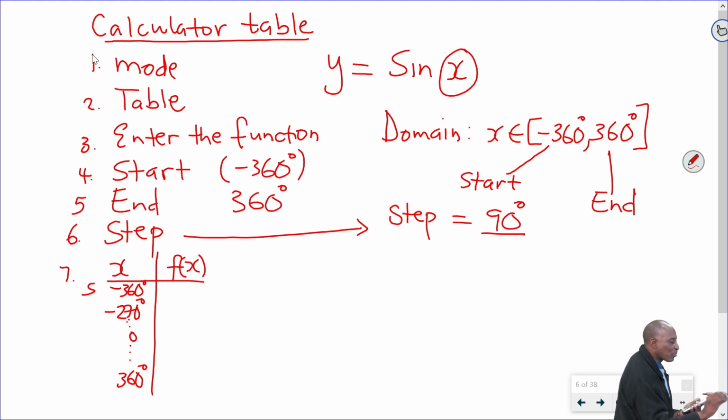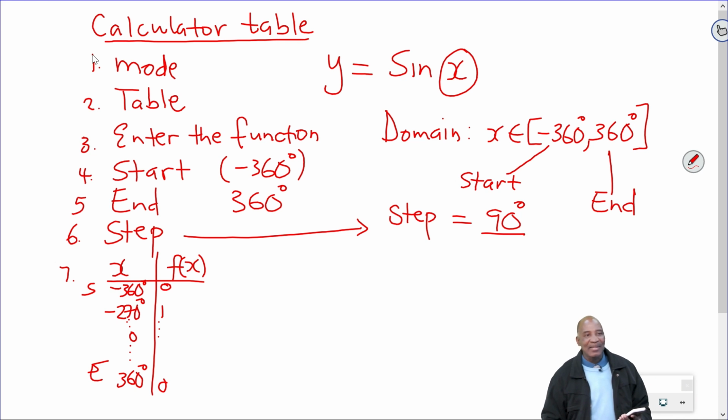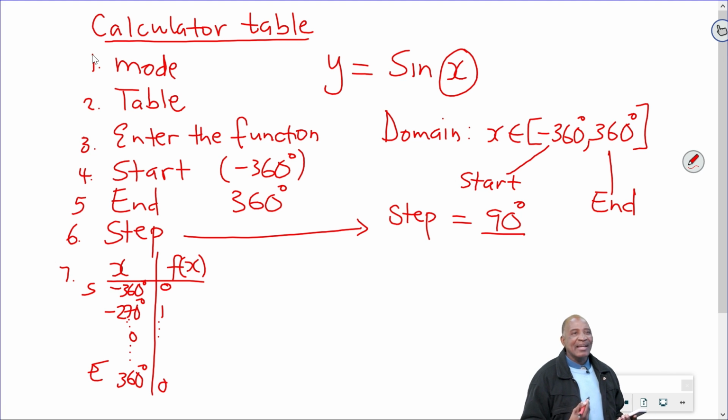This is your start point, this is your end point on the table. The corresponding values on the other side are 0, 1, and then it continues with those values until you get to the last value. As you scroll down, you shall get to the last value, which is your 0 for 360. So as you follow those steps prompted by the calculator, you will enter as required.